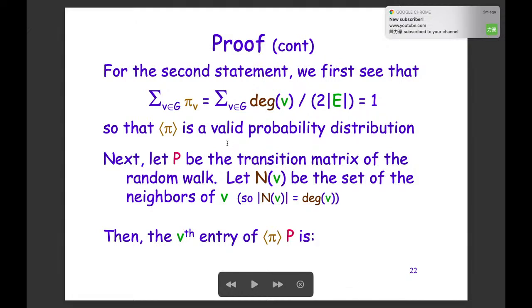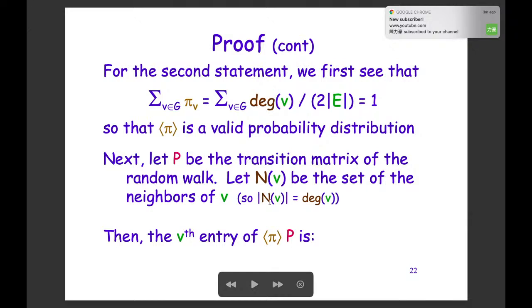The next part is to double check whether this is a stationary distribution. We want to check what happens if we multiply this distribution pi by the transition probability matrix P, so we want to find out what pi times this big P is. Here P is the transition matrix, and we let N(v) be the neighbor set of v, not including itself.